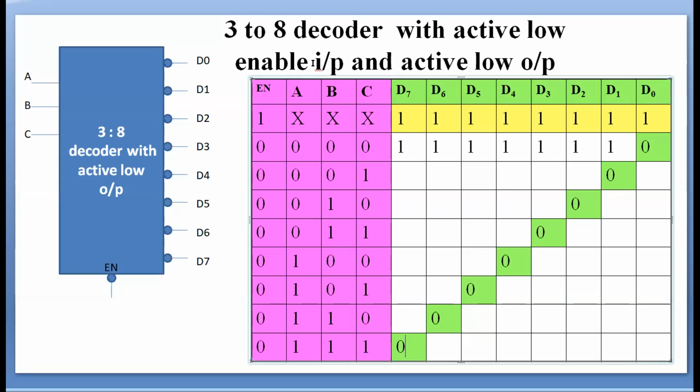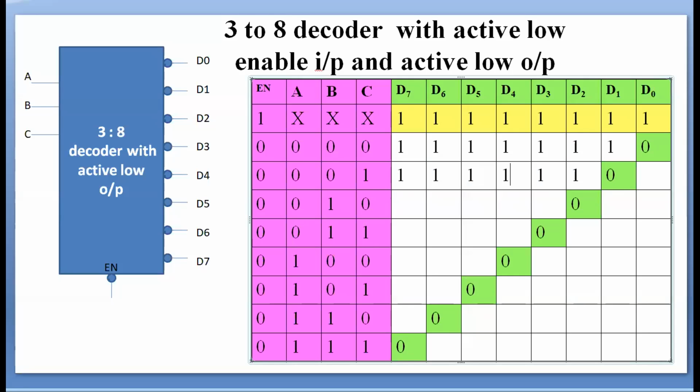The selected outputs are in active low condition, we are seeing the outputs in 0 condition. For the remaining outputs, it will be 1. Okay. You can verify the 3 to 8 decoder like this.